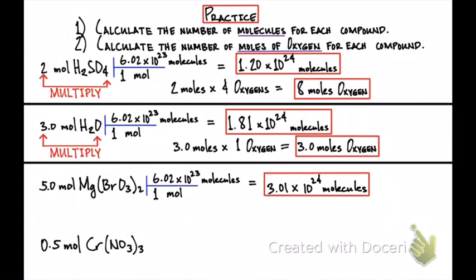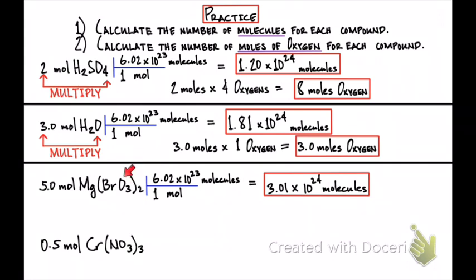Now, to answer the second question, calculate the number of moles of oxygen, you have to take into account this number right outside the parentheses. So whatever is inside of the parentheses, you have to multiply by 2. Okay, so if you have bromine, you multiply it by 2, you have 2 bromine atoms.